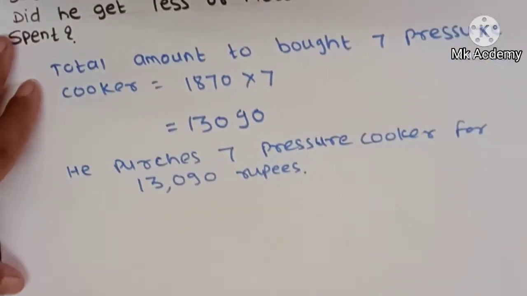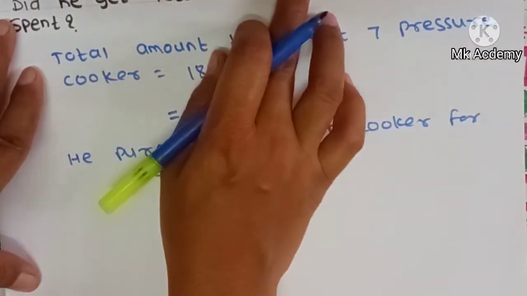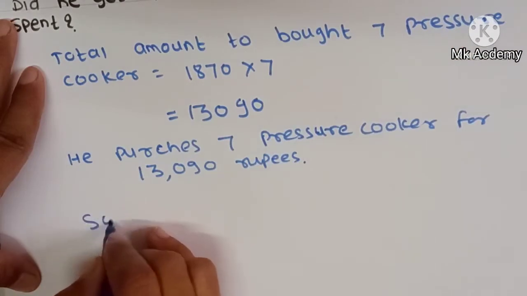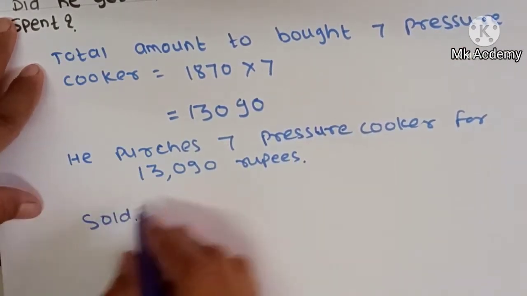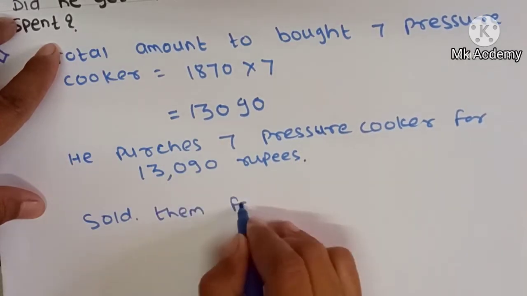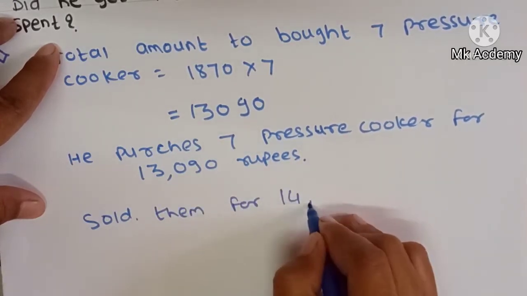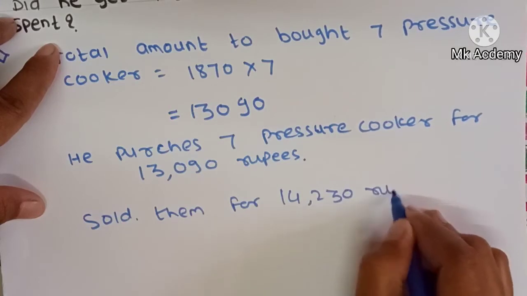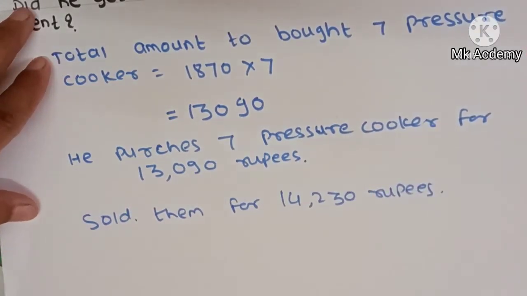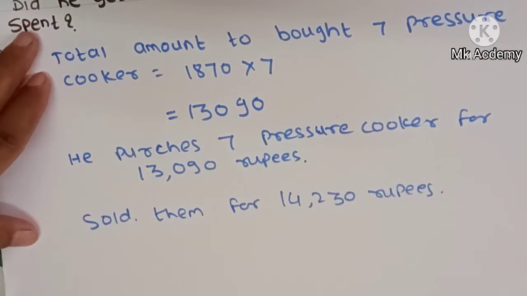Now, he sold them all for a total of 14,230 rupees. Now did he get less or more money than he spent?